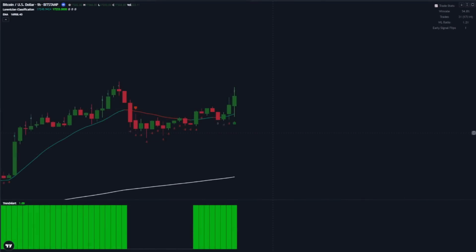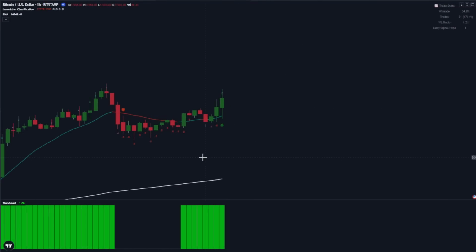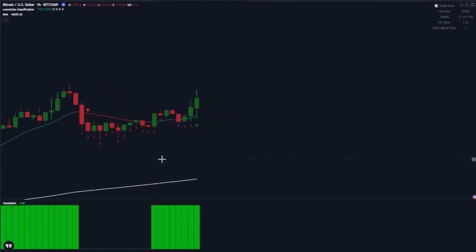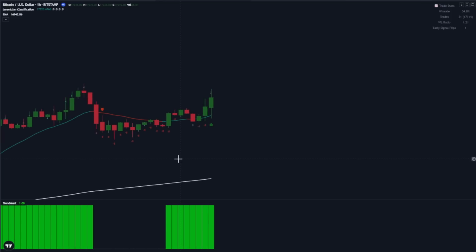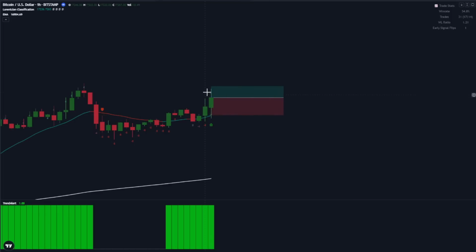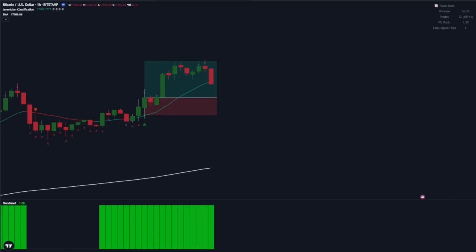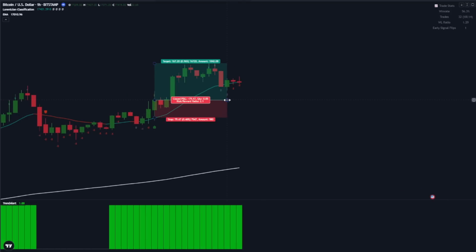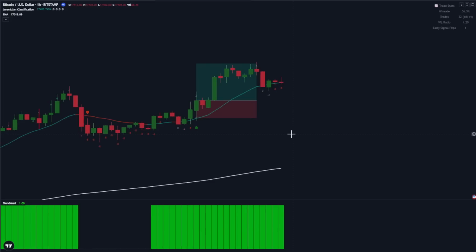Now we are in Bitcoin in a 1-hour time frame, and we see that the conditions for taking a long trade are being met. Once we have these conditions confirmed, we set our stop loss at the moving average of the AI and our take profit will be a risk-reward ratio of 1:2. Okay, we see that we have reached the take profit with ease.